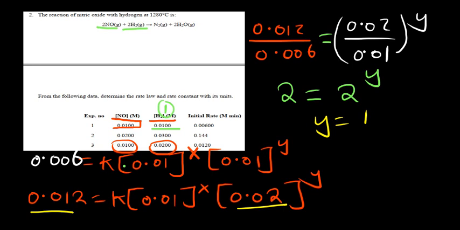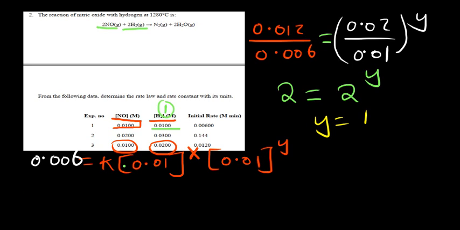Now for the other one, we can just get any equation that we want. I'll go with the first one since I've already written it down there, and then I'll begin substituting. In fact, let me do this.